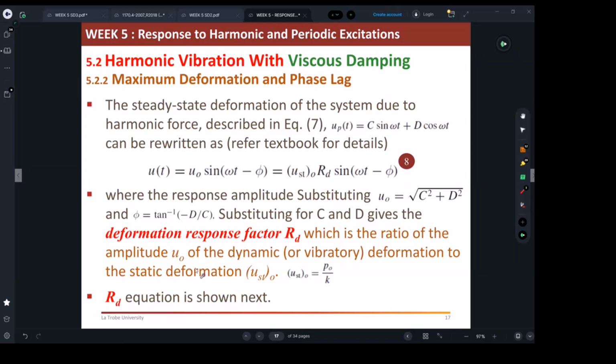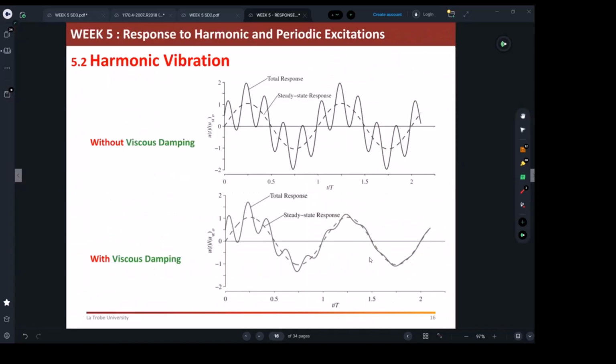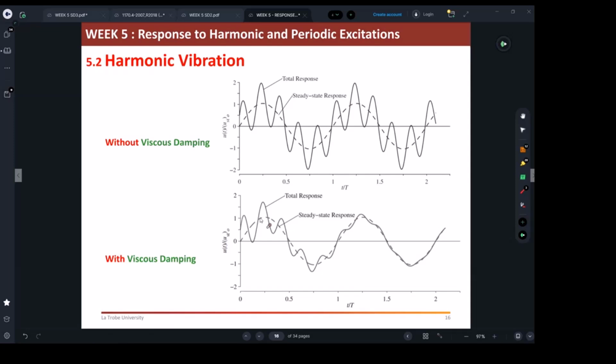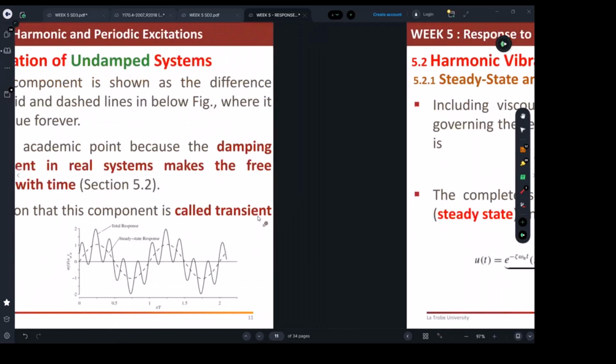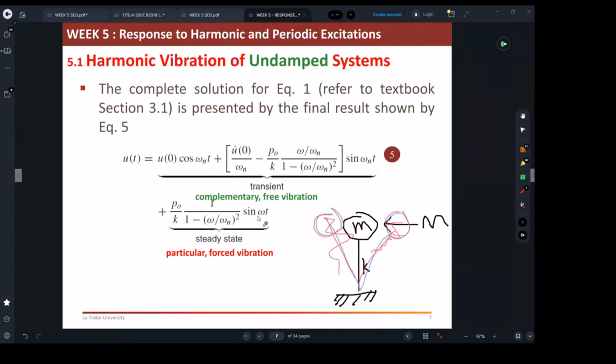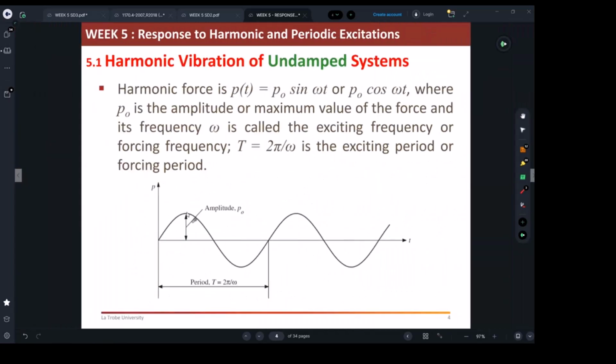There is always a static response in whatever you studied. Static deformation is simply the force divided by the column stiffness. That will give you an indication of the static displacement. If you know the maximum amplitude force from your problem or from the harmonic motion, like in this harmonic chart, we know what P is, right?